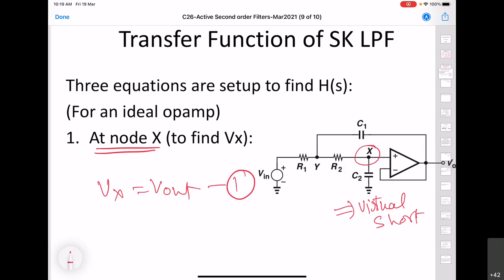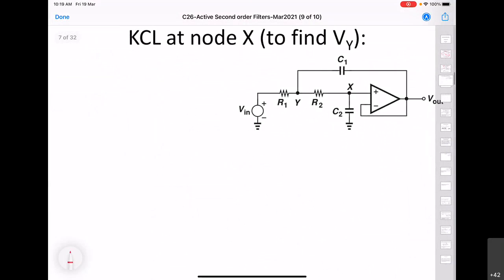Now we will try to find the voltage at node Y. To find the voltage at node Y, we will have to apply KCL at node X. Here you can see that by the definition of an ideal op amp, this current I plus is going to be 0. That means whatever current comes to node X, it goes to ground via capacitor C2.